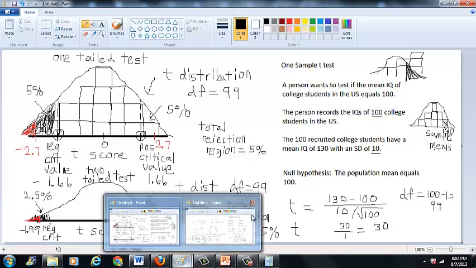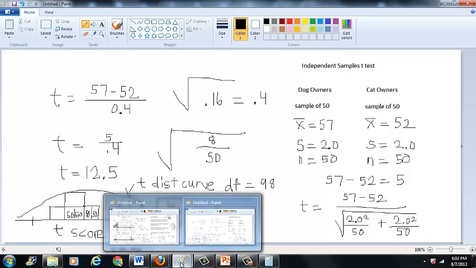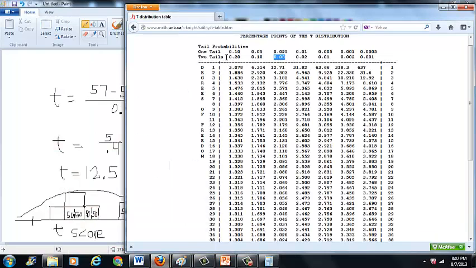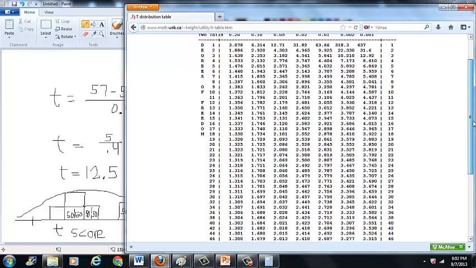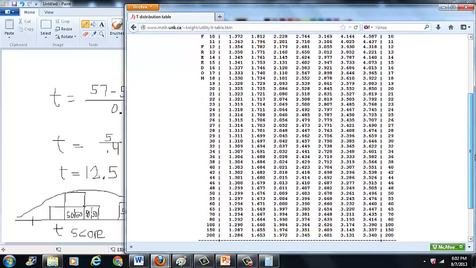Now we have a degrees of freedom of 98, which are about the same. Which means if we go back to our t-table, if we want the one-tail critical values, we go to where one tail is 0.05, and we go down to where the degrees of freedom are. It doesn't say 99, but 99 is pretty close to 100.